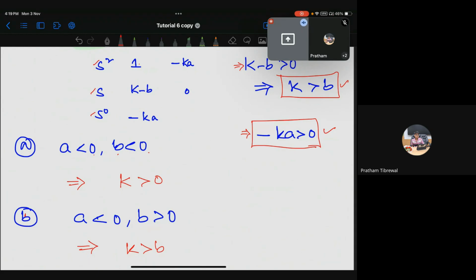If we take a less than 0, so a becomes negative, this whole term goes to, the k must be positive for making this greater than 0. If b is less than 0, you have to take k greater than 0. Is this clear?